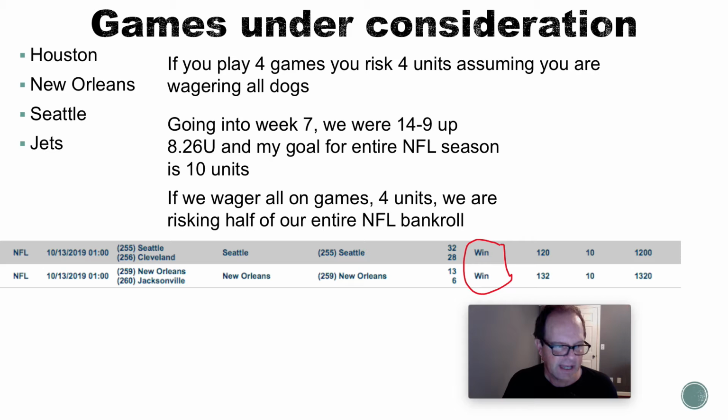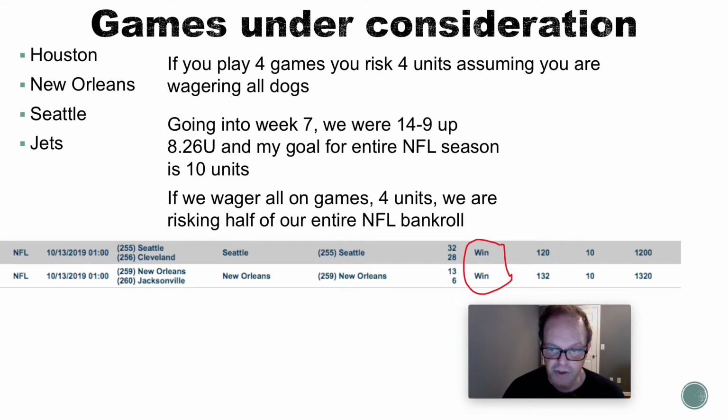So say you're struggling and you've got maybe 5 games you're considering. You might want to narrow it down to the one game that you like the best, that you think has the best chance of covering or winning. If you play all 5 games, potential risk, you could lose all 5 units.